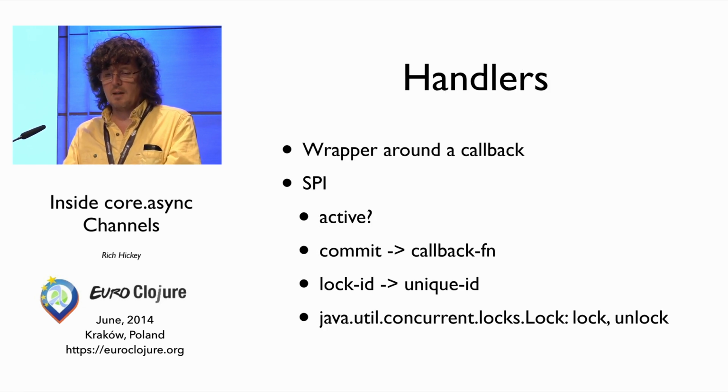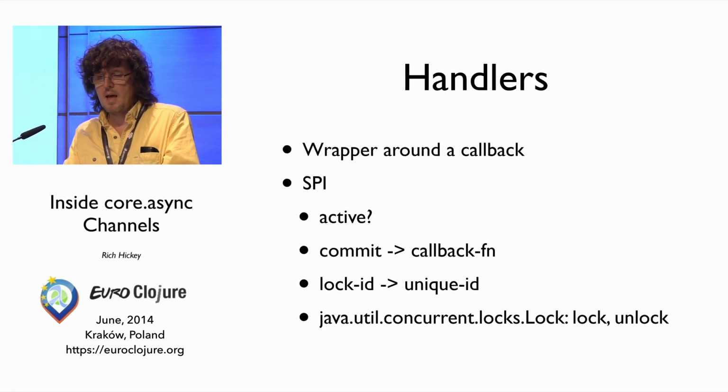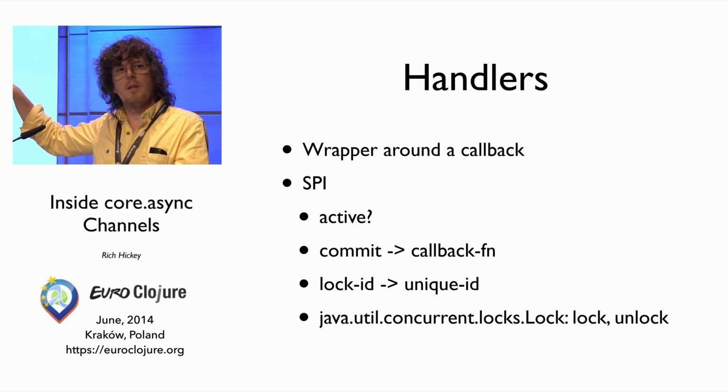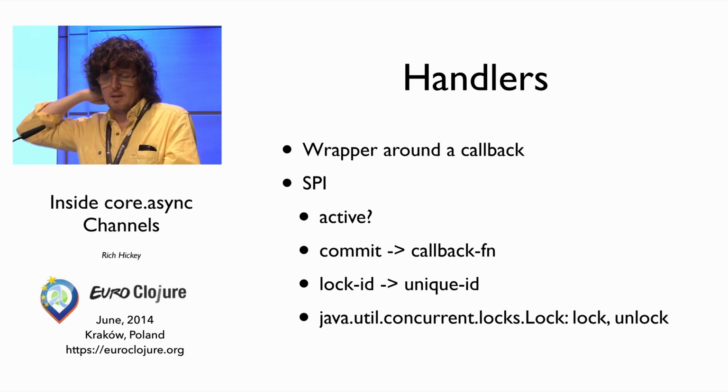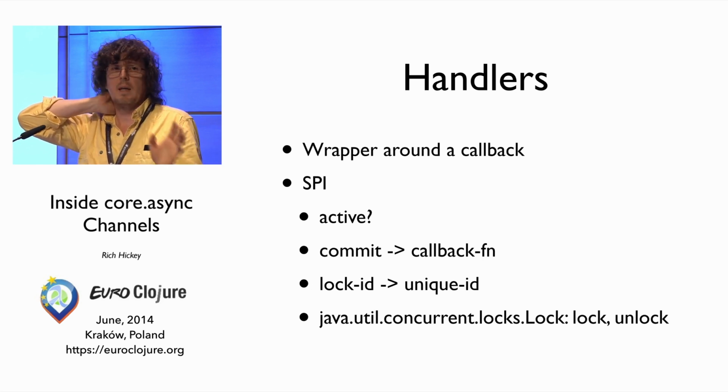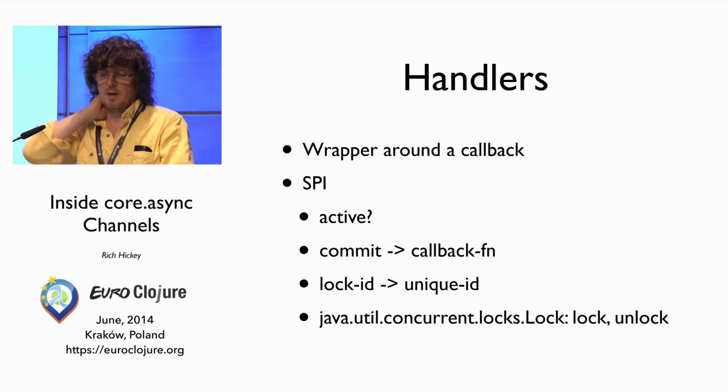So this takes us to handlers. Essentially, handlers are just like a wrapper around a callback. We're trying to support real threads where we can block, lightweight Go threads, and JavaScript where we can't block, or we don't want to block. We don't even have threads.